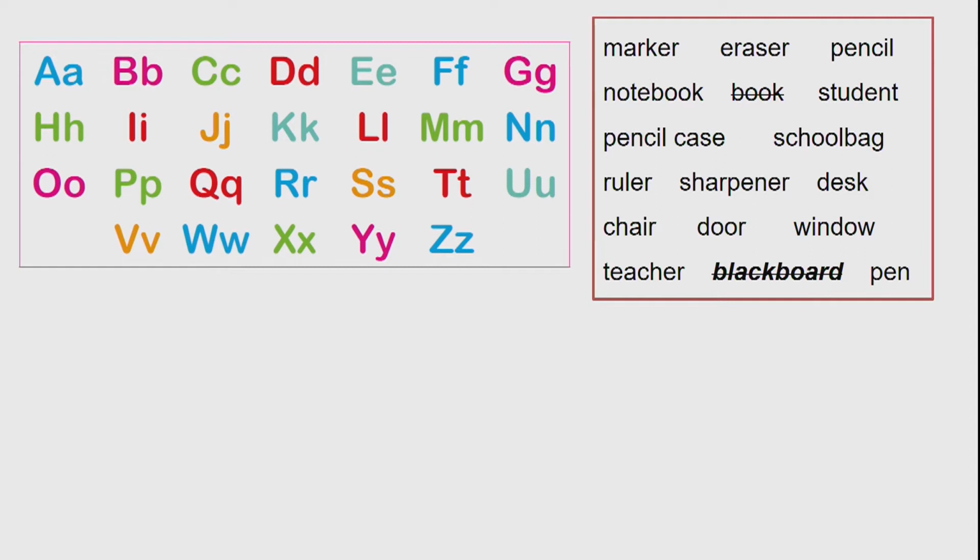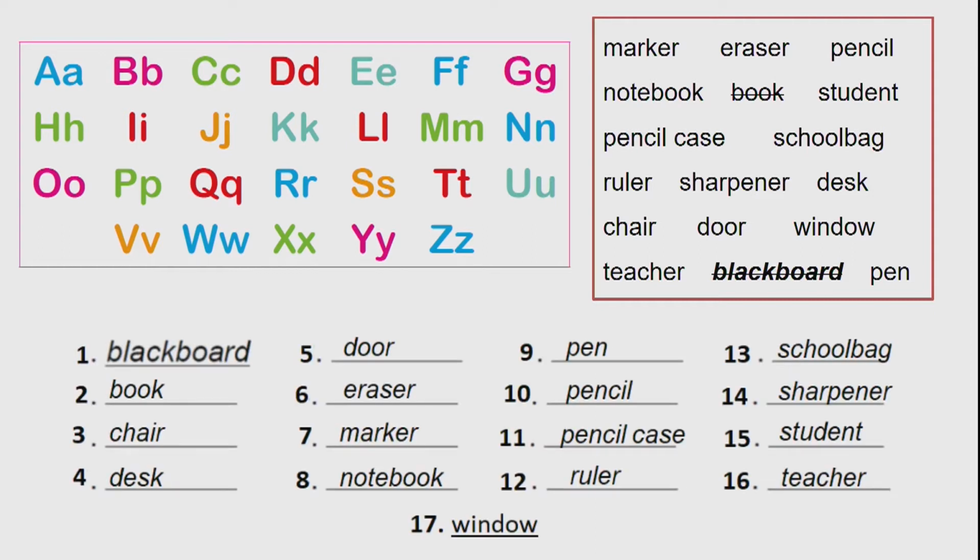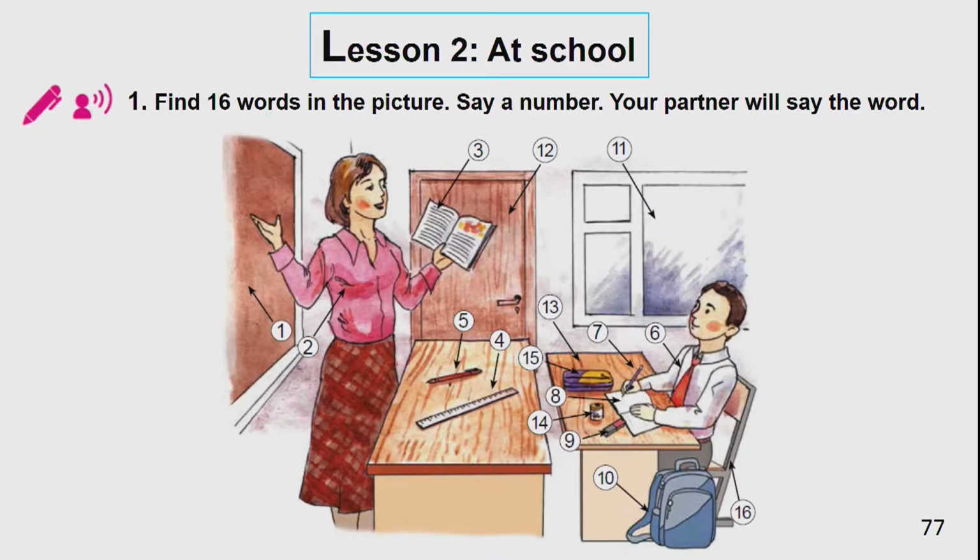Because after B we have L and it comes before O in the word book. Be careful. Talk to your partners now and say the words one by one. Okay, let's see if you have the same answers. Is everything right? Good.